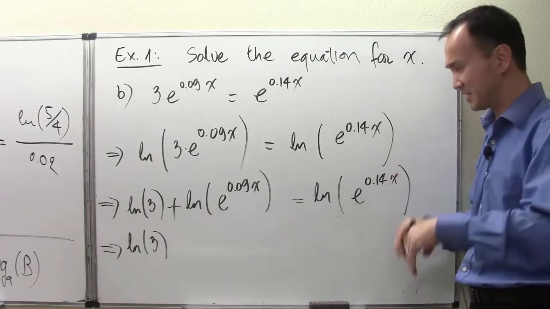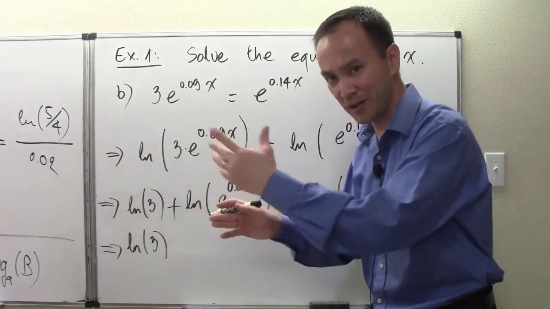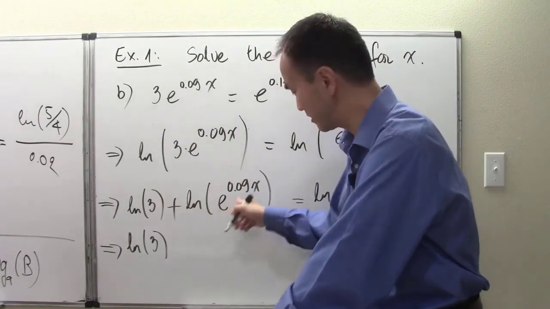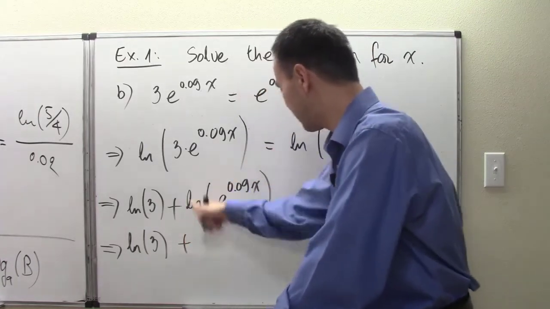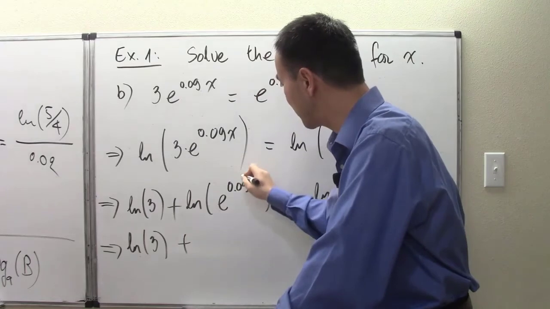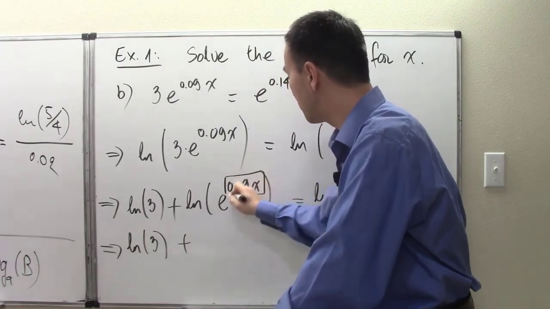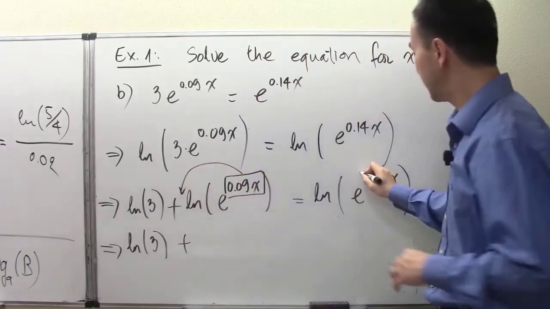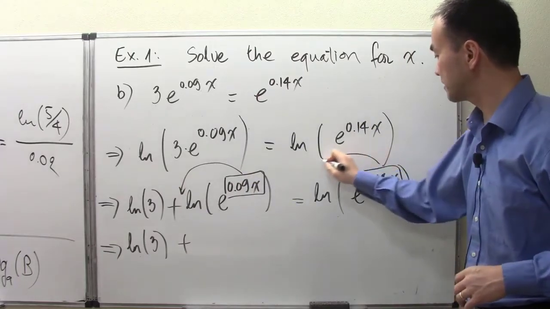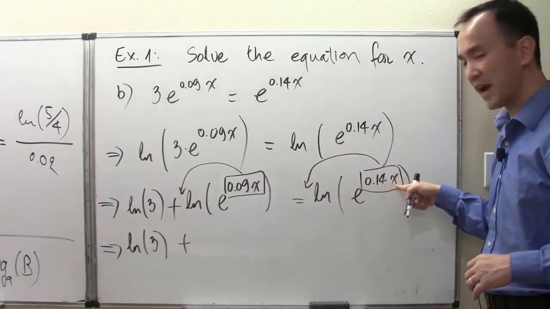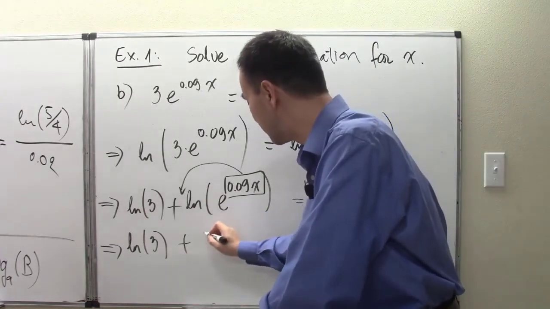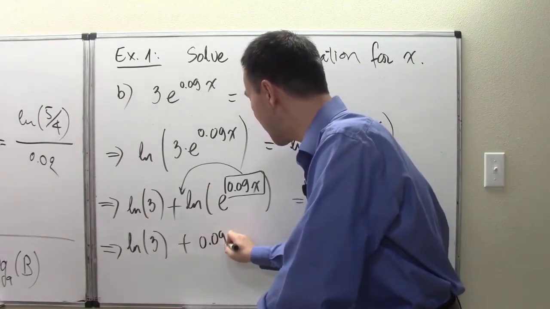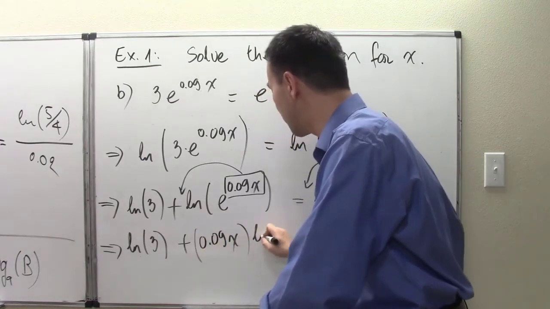So I can apply that property we've learned previously about how we take the logarithm of an exponent. For this term, I am going to bring the 0.09x in front, and in the same step I'm bringing the 0.14x to the front. So now my left-hand side becomes 0.09x multiplied by the natural log of e.